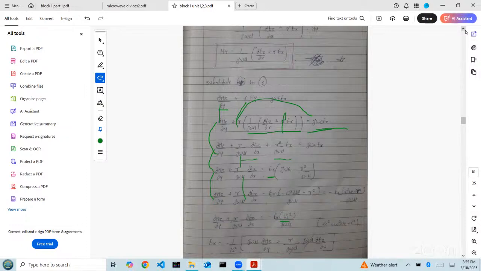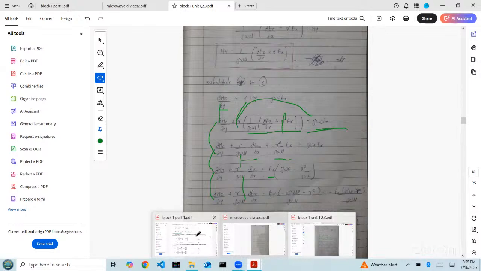What will we get? We will get Ex. Based on that, we write Ey, Hx, Hy, which are equations 3.10, 11, 12, 13, 14. Look at them.